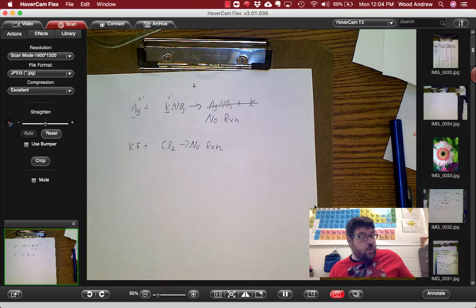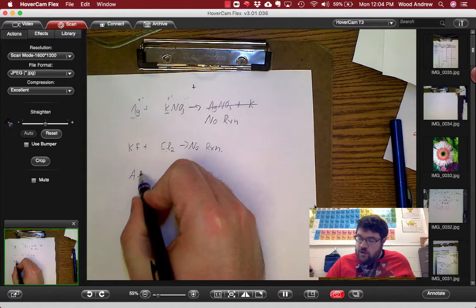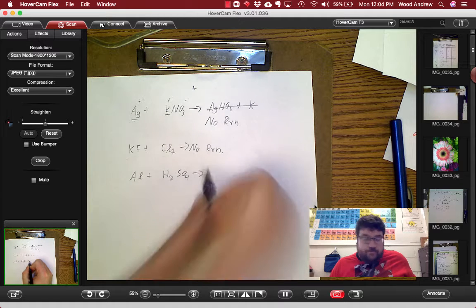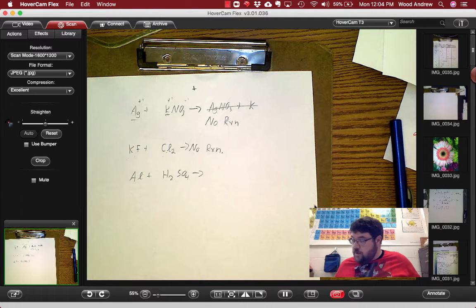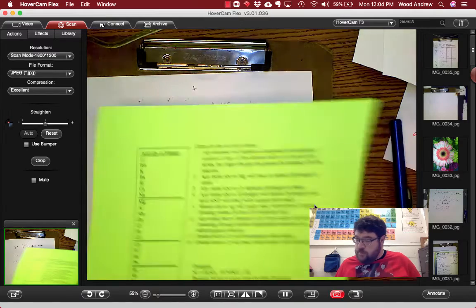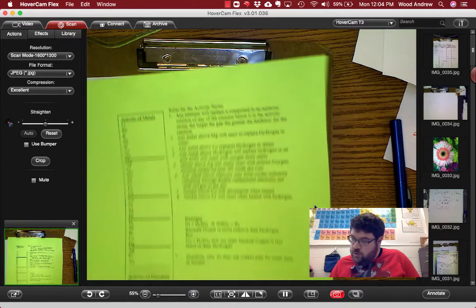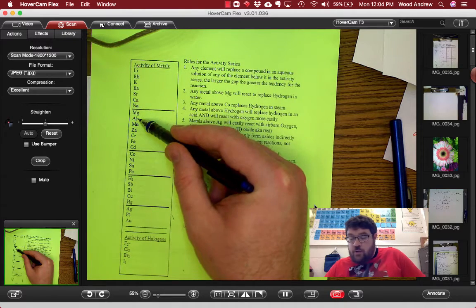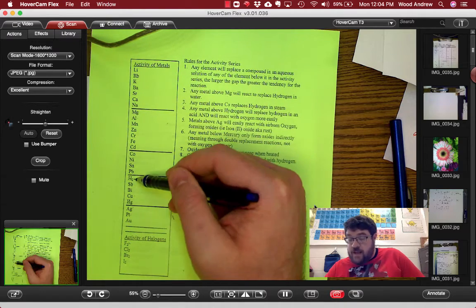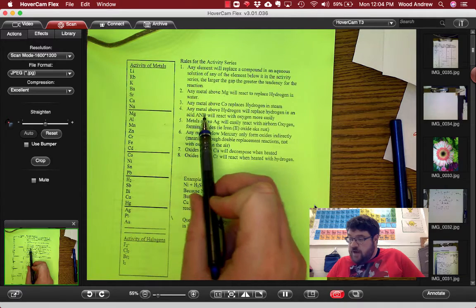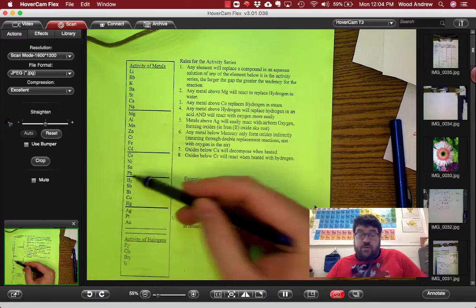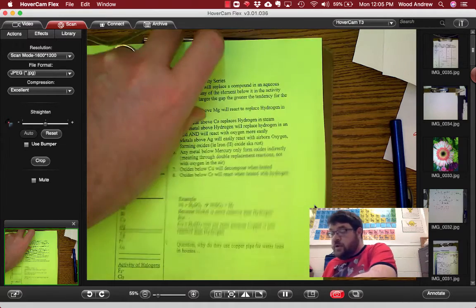Now, this isn't true for all cases. There are a lot of things that will react. So say, for example, aluminum plus sulfuric acid. All right, so let's take a look at our list. Where is aluminum? Right there. And we're looking for the H because it's an acid. Remember, metals above hydrogen will replace hydrogen in acids. Aluminum is above hydrogen, so this means this reaction will occur.